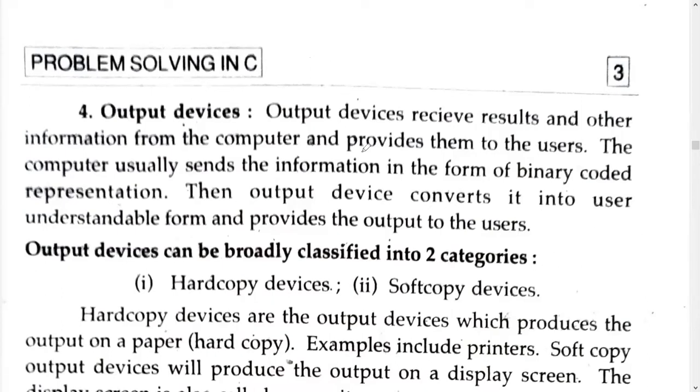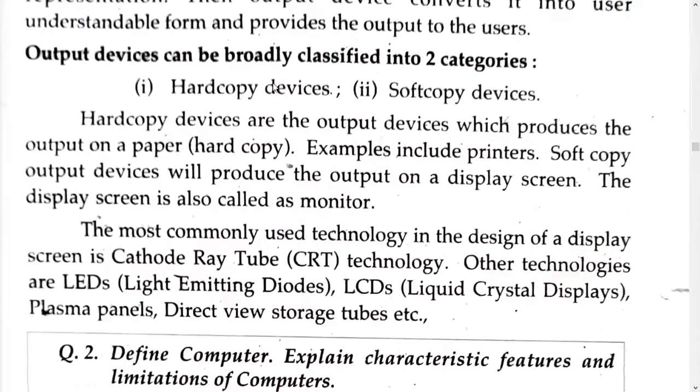Output devices can be broadly classified into two categories: hard copy devices and soft copy devices. Hard copy devices are the output devices which produce the output on paper, that is, a printer. Soft copy output devices produce the output on a display screen, such as a monitor.